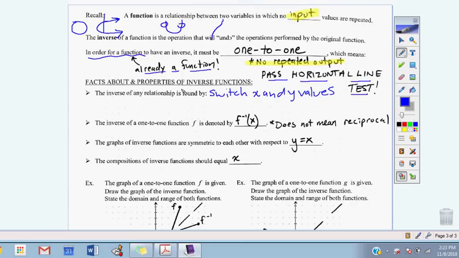Okay? So moving along here, another thing to realize is that the domain of the function is going to turn into what? It turns into the range of the inverse. And likewise, the range of the function turns into the domain of the inverse.